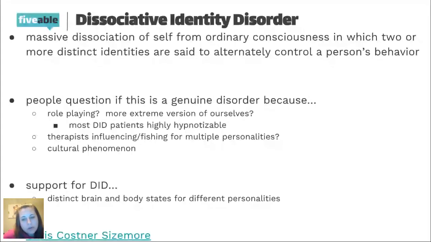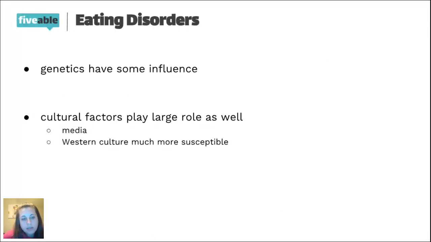Really briefly, I don't know if your books touch on eating disorders. I just want you to know that there's some genetic influence at play and that culture also plays a big factor in who develops eating disorders, depending on the media where you live, the messages you receive from not only television, but Instagram, Snapchat, things like that. Those of us who live in a Western style culture are much more susceptible to eating disorders.